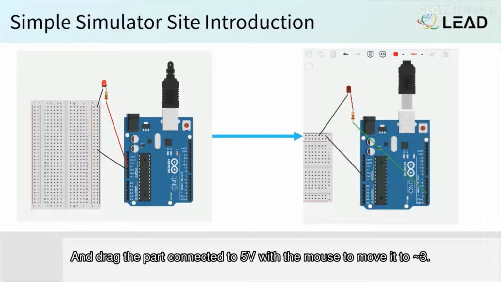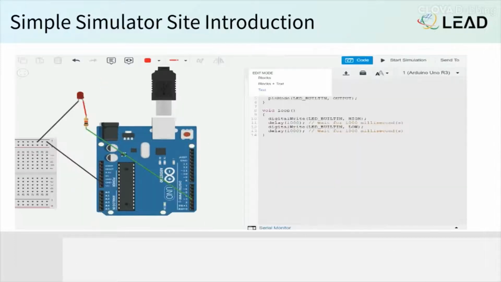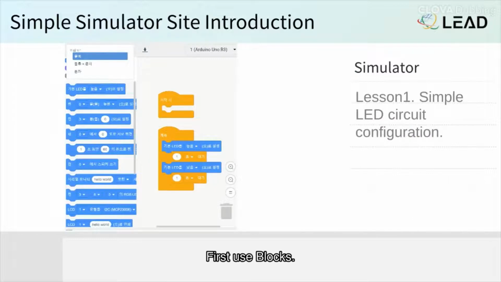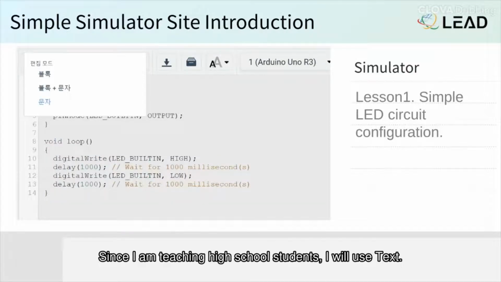And drag the part connected to 5 volts with the mouse to move it to 3. And we write the code. First, use blocks. Blocks is similar to Scratch blocks. Since I am teaching high school students, I will use text.